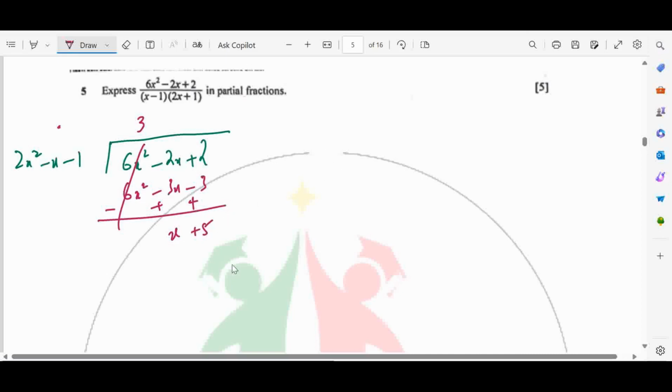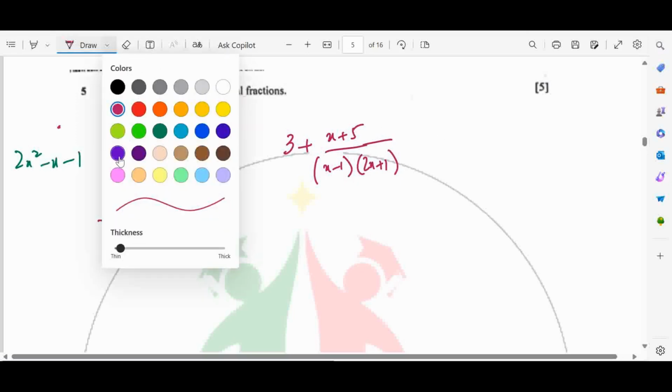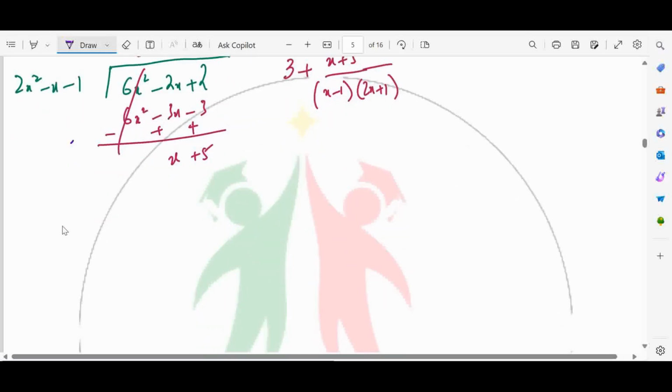So finally we can say that this will now be 3 plus (x plus 5) divided by (x minus 1) into (2x plus 1). Now let's simplify this part separately: (x plus 5) divided by (x minus 1)(2x plus 1) is equal to a over (x minus 1) plus b over (2x plus 1).